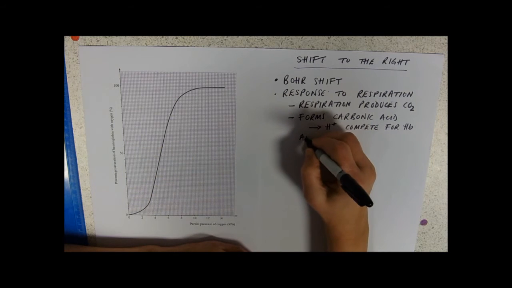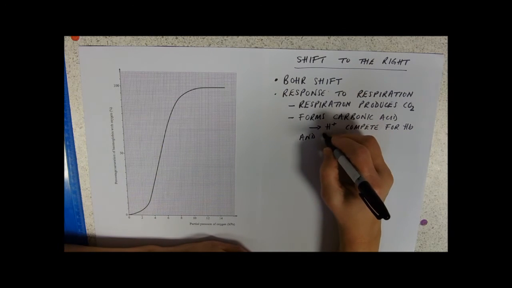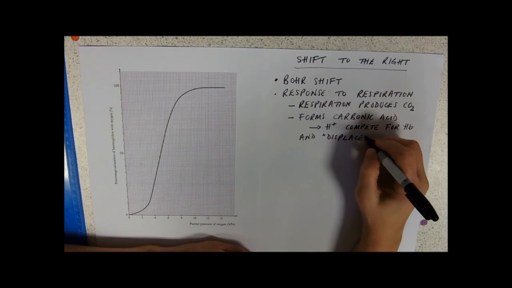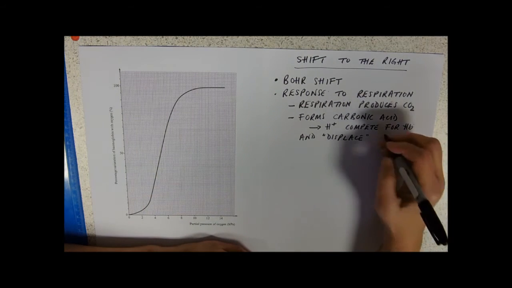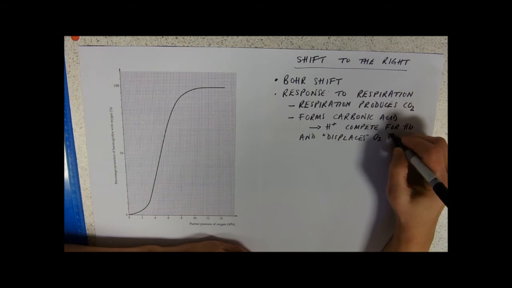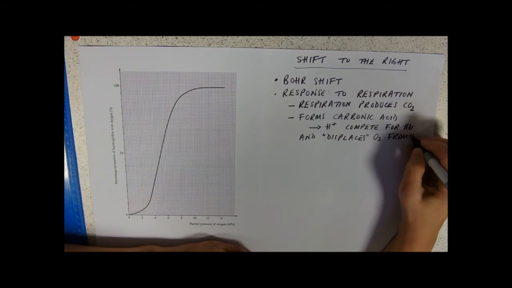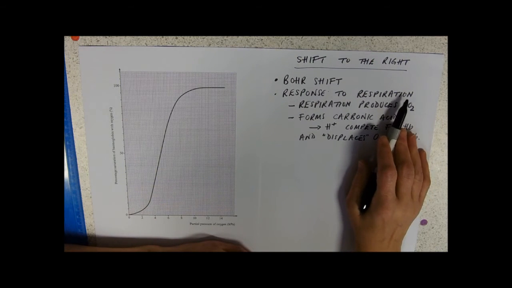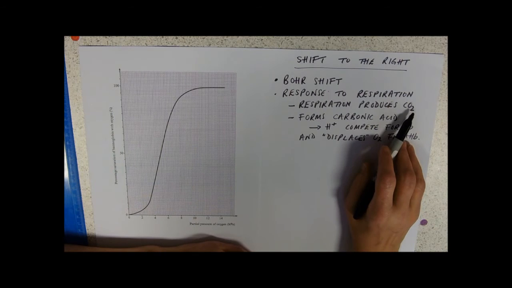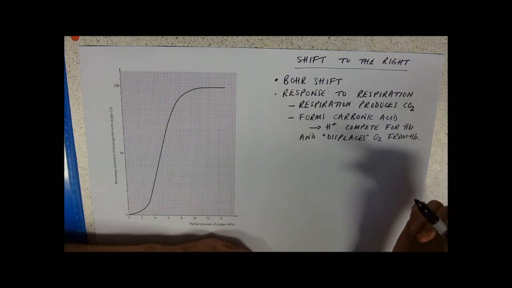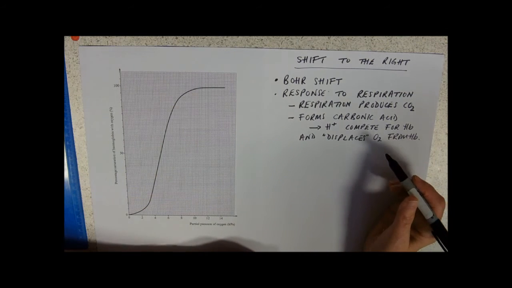And I hesitate to use the word displace, but I'm going to use it anyway. And displace sort of kicks off the oxygen, displaces oxygen from hemoglobin. So the more respiration you're doing, the more carbon dioxide you're doing, and the more hydrogen ions displace oxygen, and that releases more oxygen.